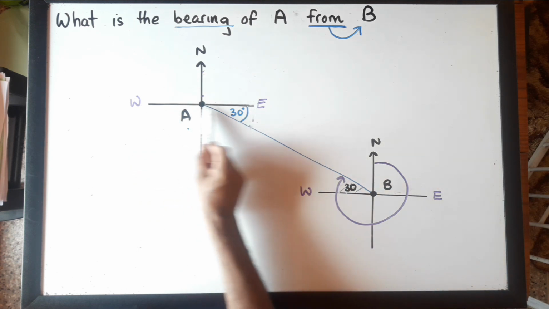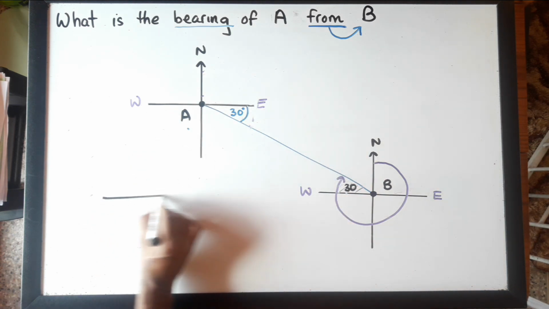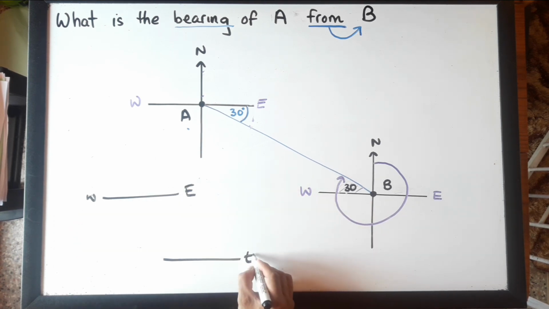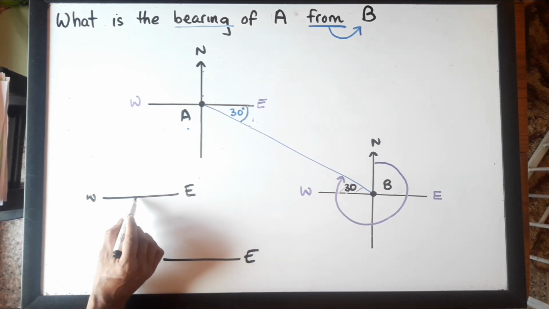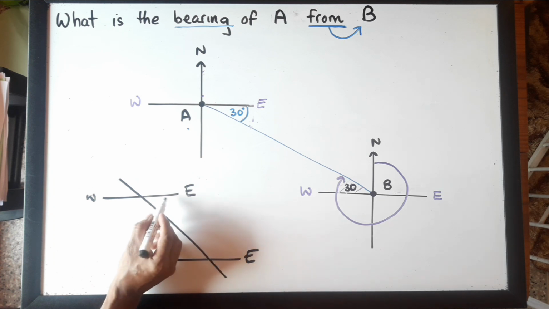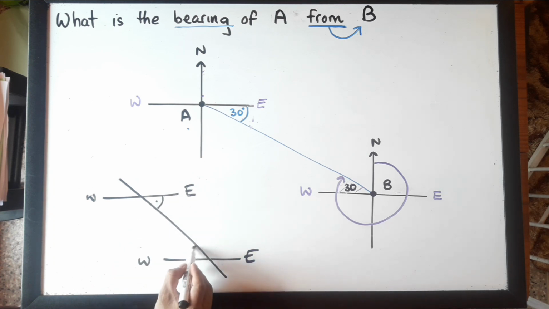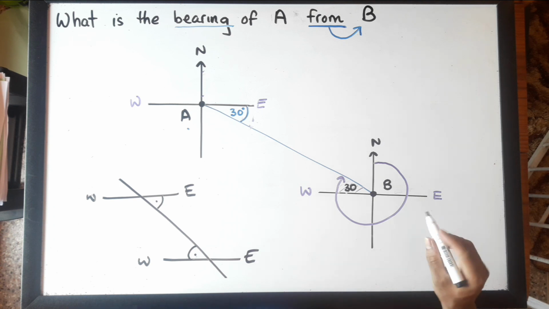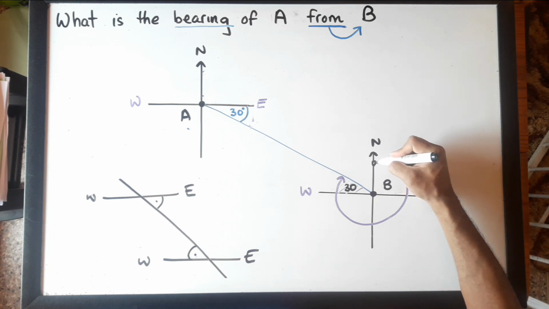So once again, two parallel lines. Let me draw it here. It comes like this. East, west, east, west. And you're slicing them. So here's 30 degrees, meaning over here is also 30 degrees, right? So I hope you can see 30 and 30, 30 and 30. But they're asking us for the bearing. The bearing is the full angle.